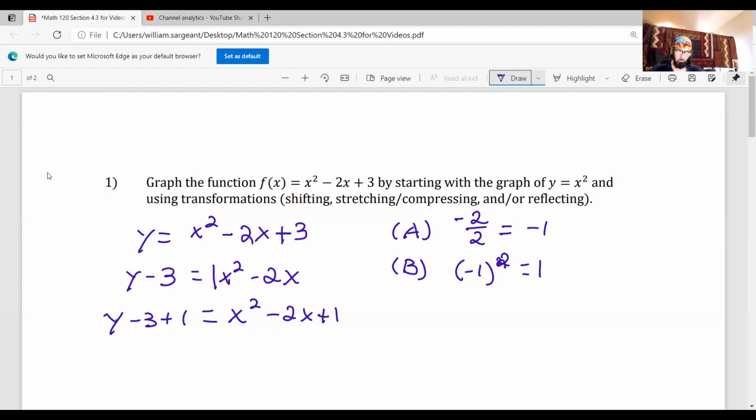Combine the like terms here and factor this. I know that x squared minus 2x plus 1 is equal to the quantity x minus 1, all of that squared, because of the first step of side work. And then isolate y again.